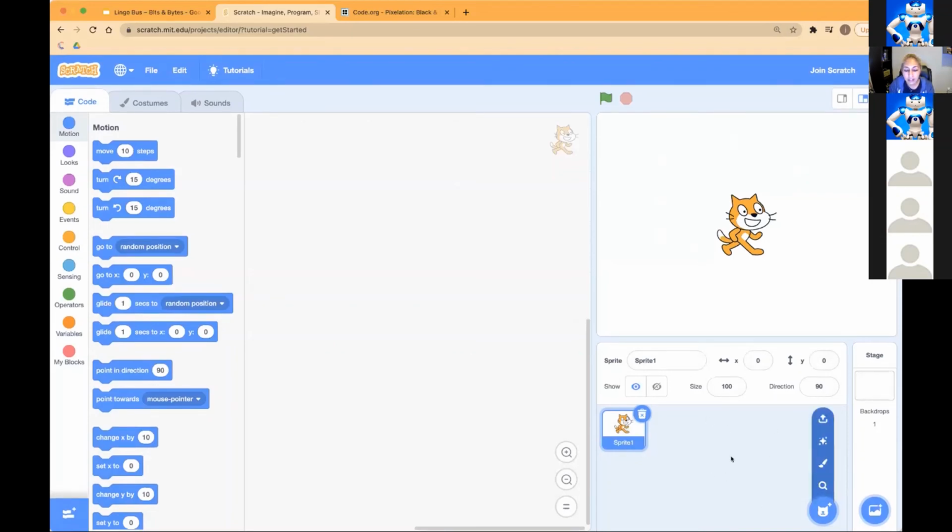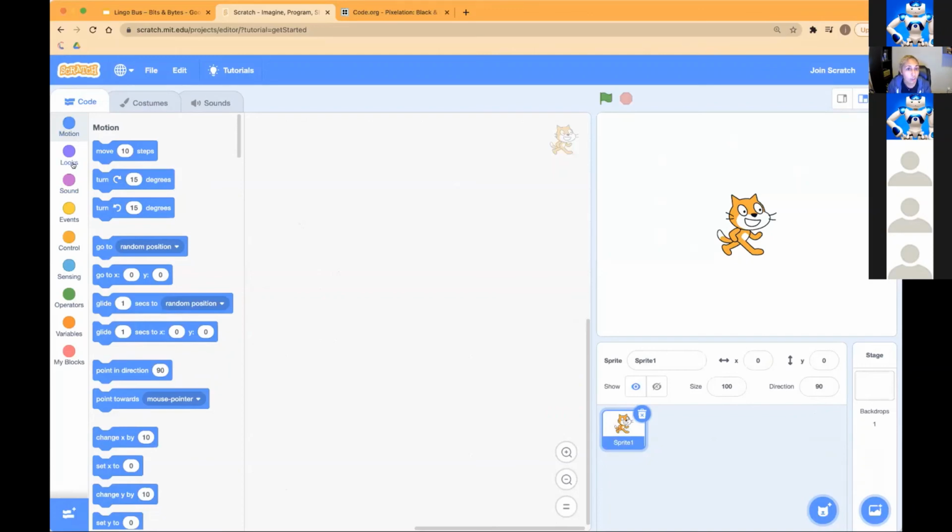Down here, I have some different things that I can edit as well. So if I wanted to make the cat move, for example, I can look at these blocks. For one, I can look at these blocks by color to see what these colors represent. But I can also look at their descriptions, that these are motion blocks.